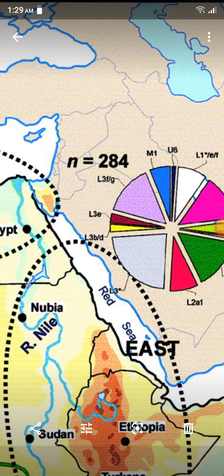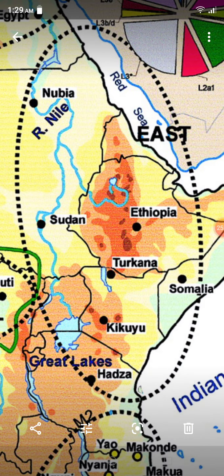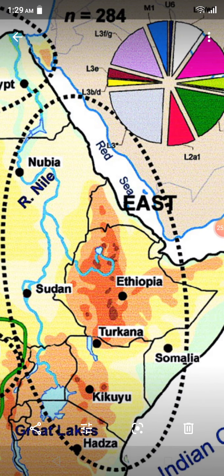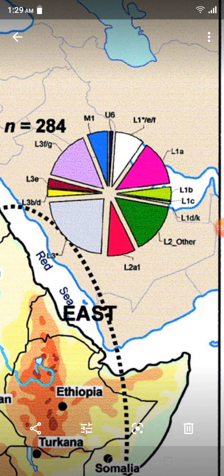So the Levant region starts in the Great Lakes region, and then it crosses over into Saudi Arabia, into Iraq, and the border is right there, Iran.